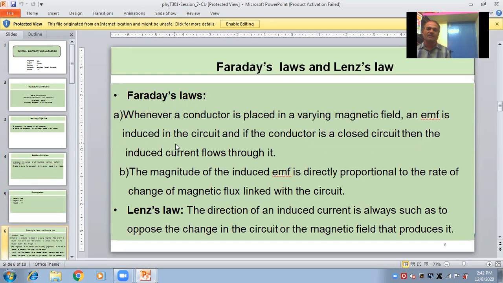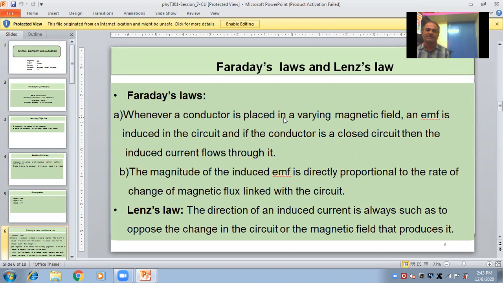So now I am coming to Faraday's law. According to Faraday's law, whenever a conductor is placed in a varying magnetic field, an EMF is induced in the circuit. And if the conductor is a closed circuit, then the induced current flows through it.